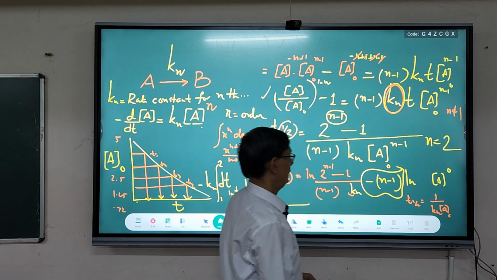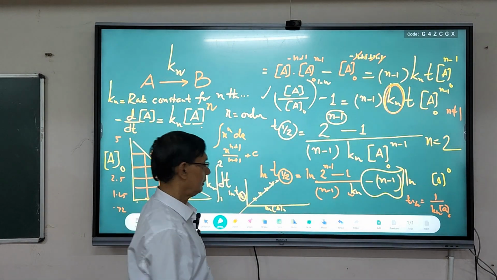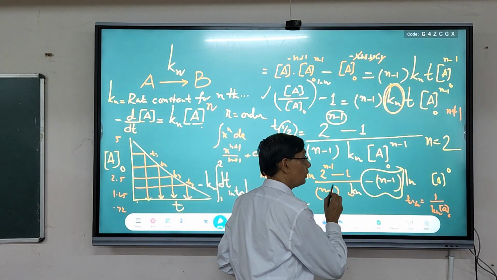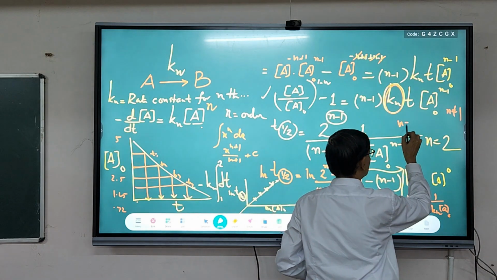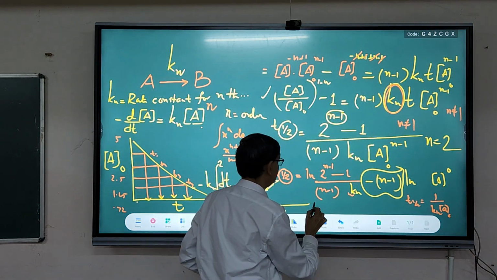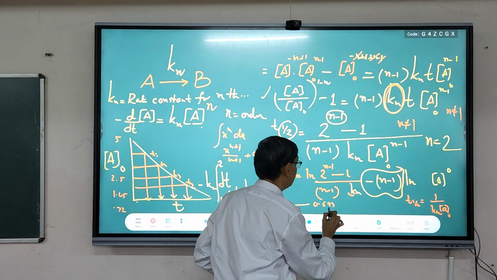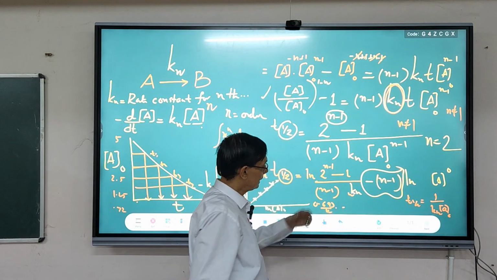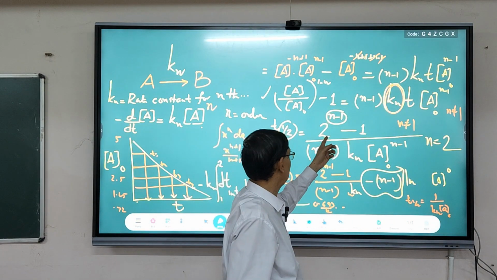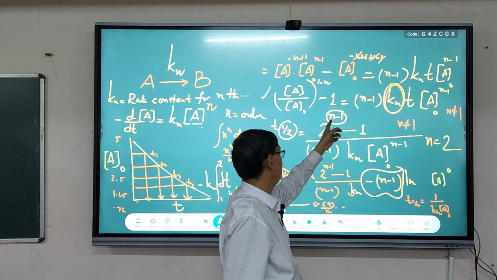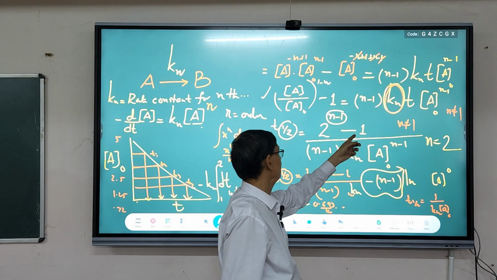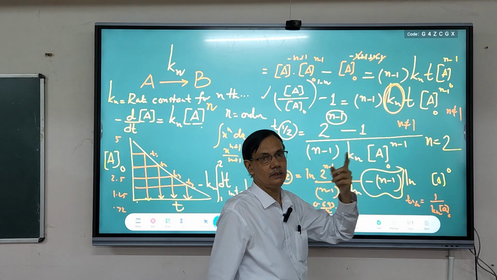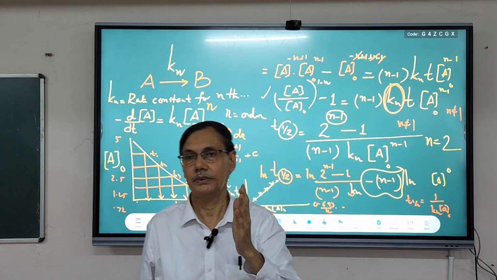This is not suitable for n equal to 1, because in first order it is 0.693 divided by k. For second or third order, for third you write 3 minus 1 is 2, for second 2 minus 1 is 1. Then you can calculate the third order reaction. Okay, thank you.